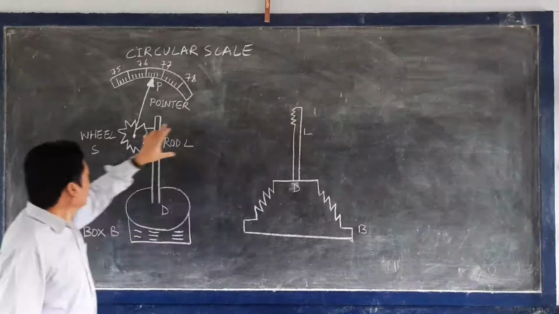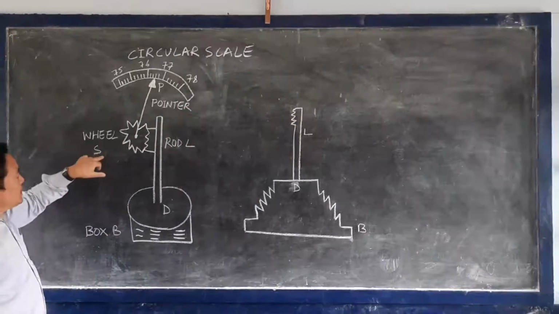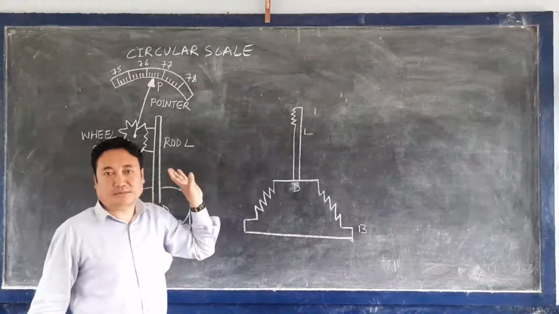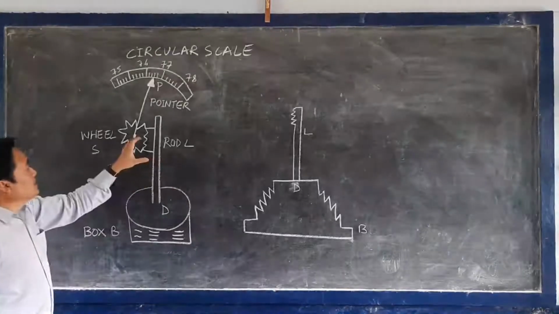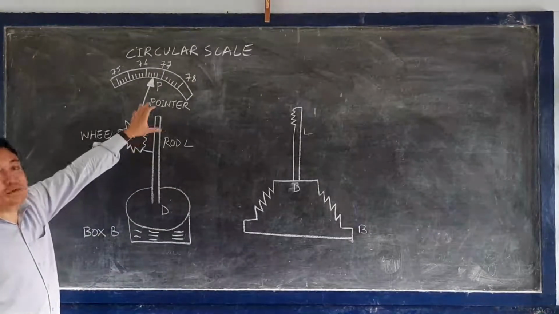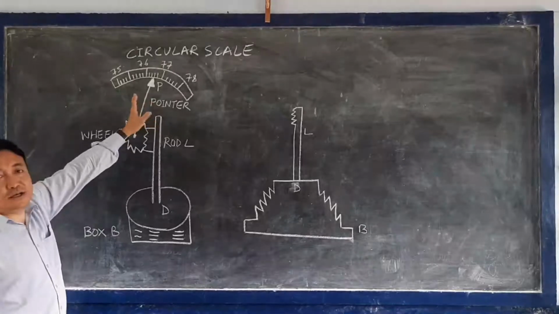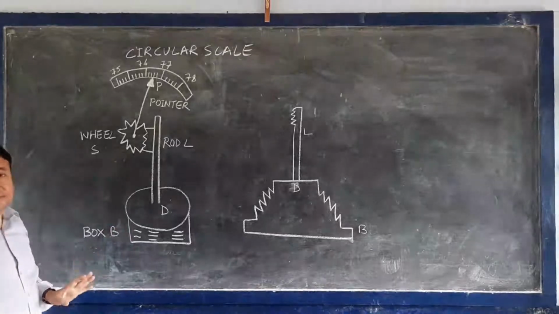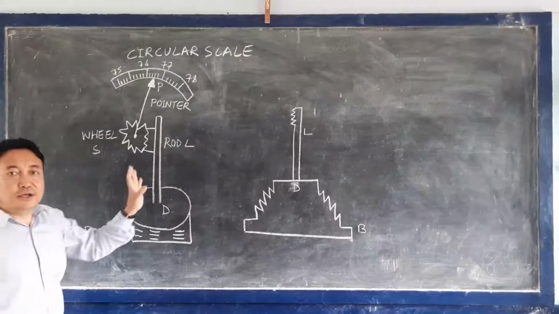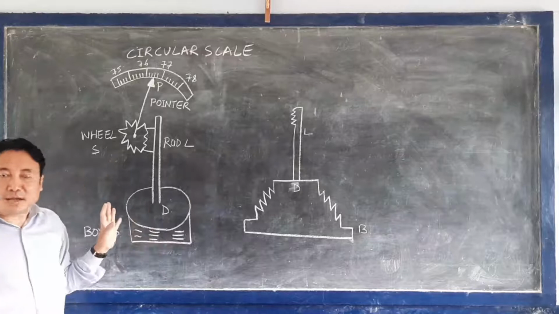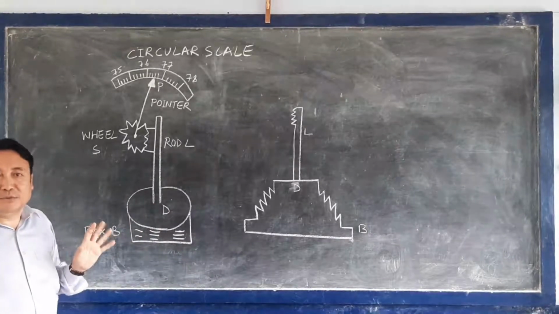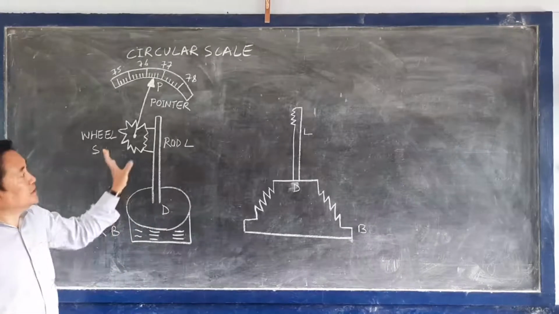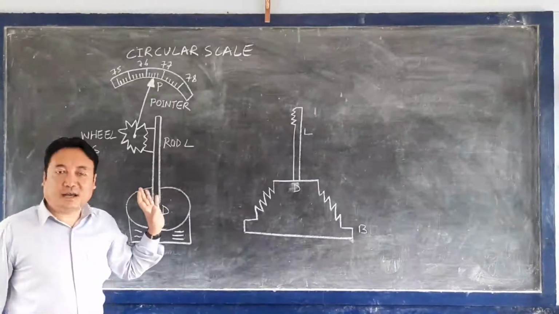On this toothed end, the wheel S will fit towards the teeth of this rod L. The wheel is fitted with a pointer, and this pointer will move around a circular scale. You can find the atmospheric pressure directly, without any adjustment, in terms of barometric height. So this way you can find the atmospheric pressure.